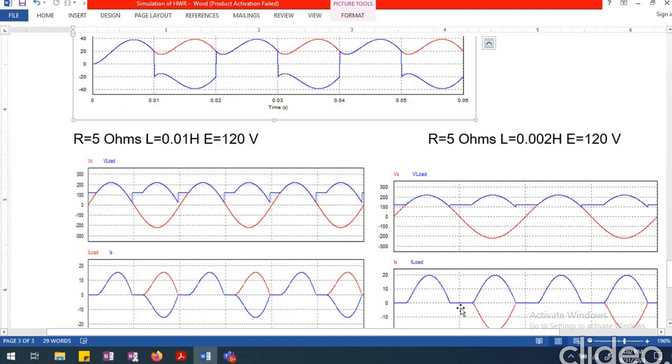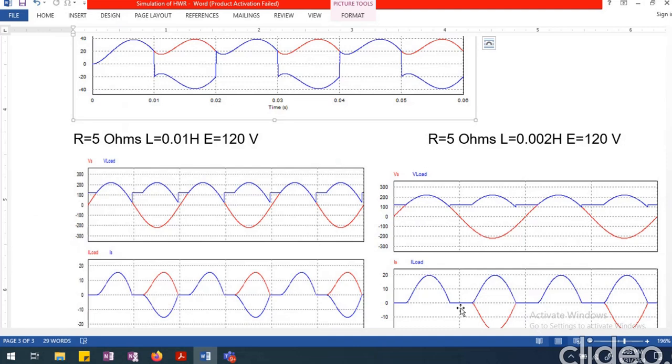So as we mentioned earlier, the value of R, L, and the peak value of the source voltage, all of them influence for how long your current in the load circuit is sustained. So the current sustenance depends mainly on three factors.